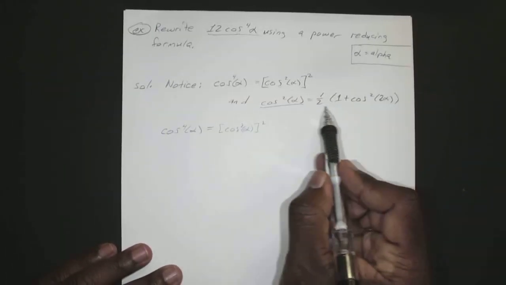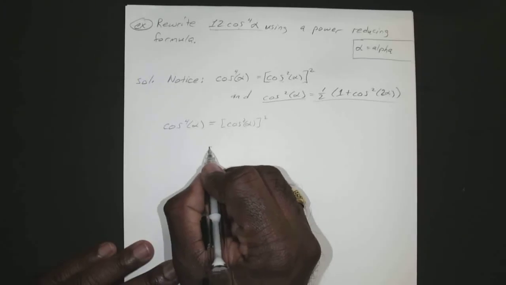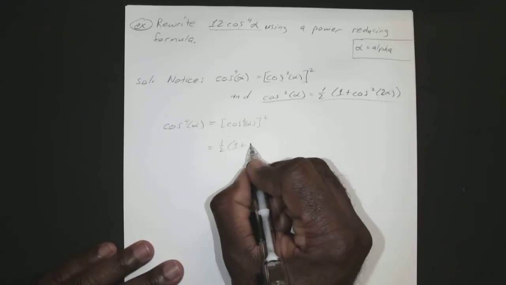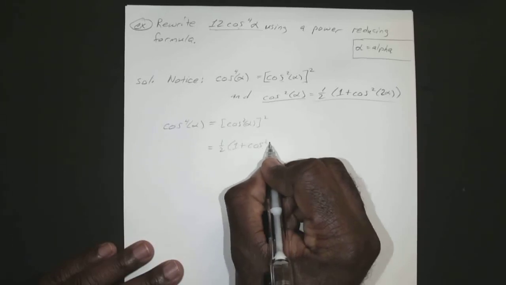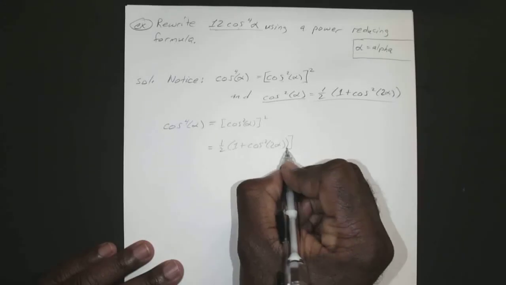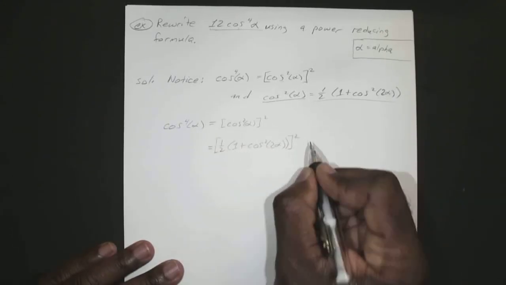So if our cosine squared is equal to that, then that's going to equal 1/2 times 1 plus cosine squared of 2 alpha, squared.